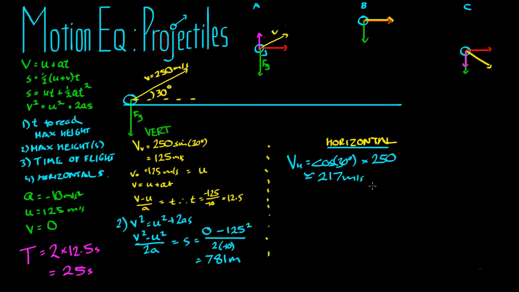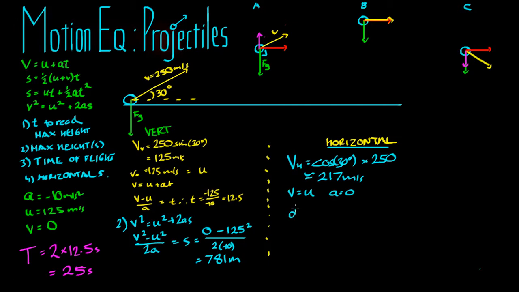This horizontal velocity does not change. Therefore, if we want to find out how far this cannonball actually travelled, we know that v equals u and acceleration equals 0. That's just saying the initial velocity equals the final velocity.